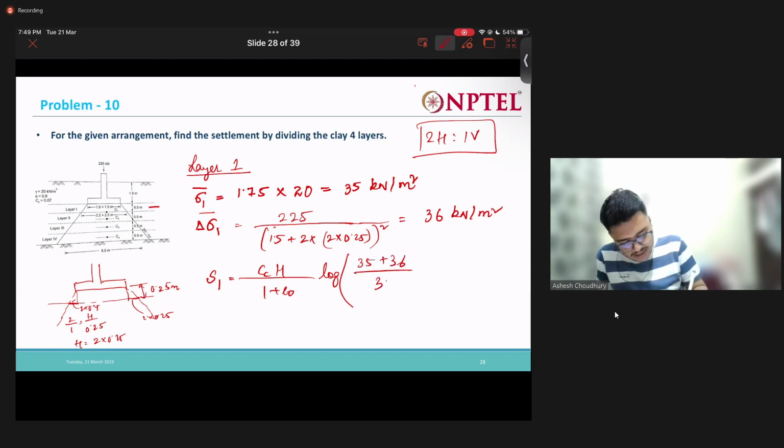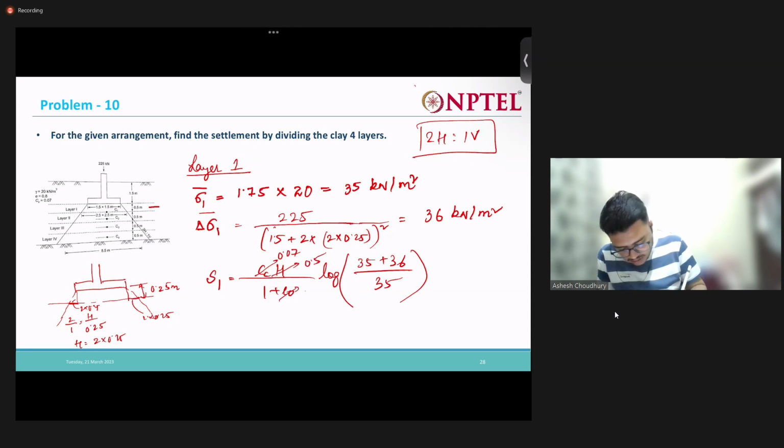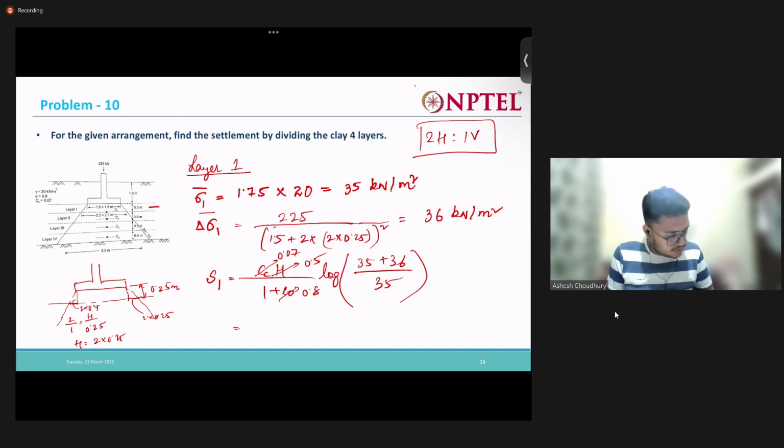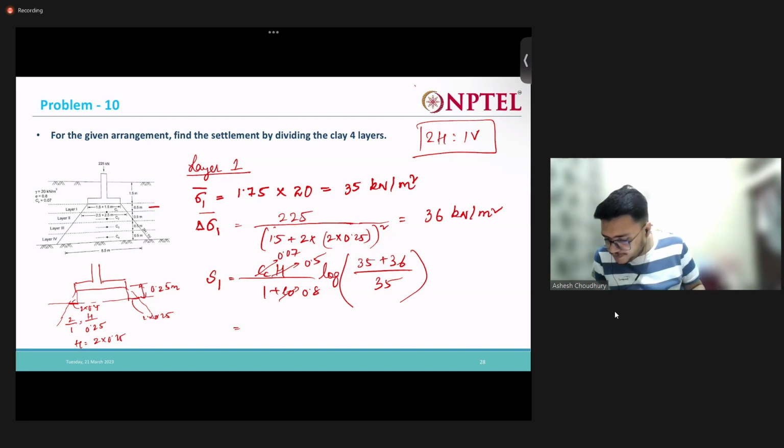35 plus 36 by 35. Cc is given to you as 0.07. What is H? H is 0.5 meter. What is e? e is given as 0.8. So please calculate. 0.07 into 0.5, 1.8. Calculate in mm, okay?